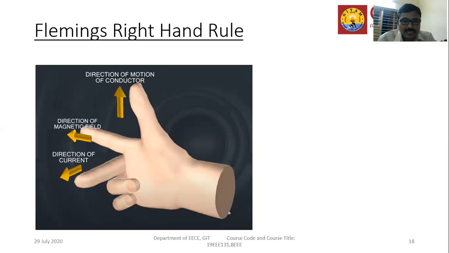Since we are discussing the working principle of a generator, for which mechanical energy is the input, that means we are going to give mechanical energy to the conductor, right? That means we are going to move the conductor in the magnetic field.